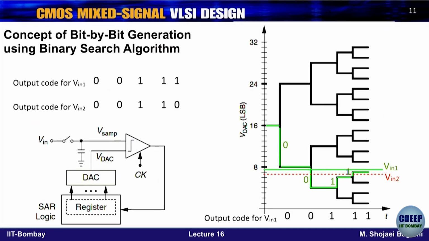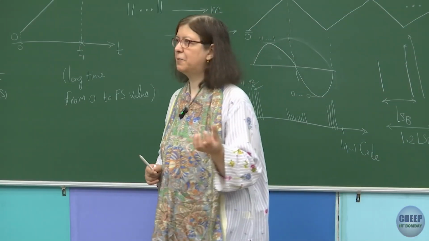One thing also, if you notice, what is this loop? This is like a negative feedback loop which goes through different cycles and finally settles to the minimum error, because the comparator is a high gain element, right? And you have a negative feedback loop.